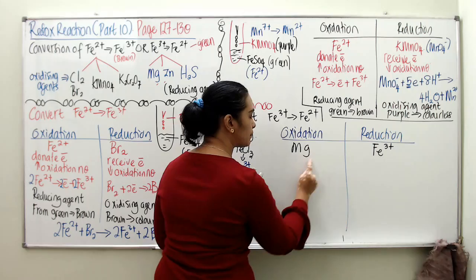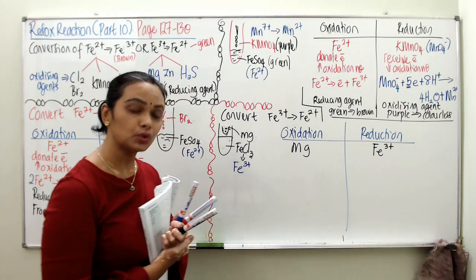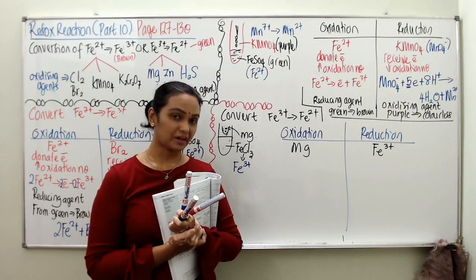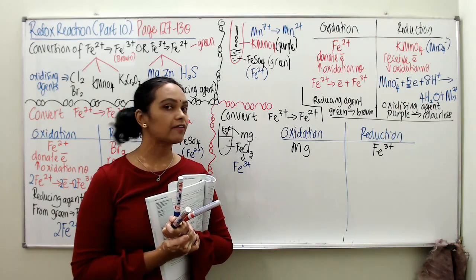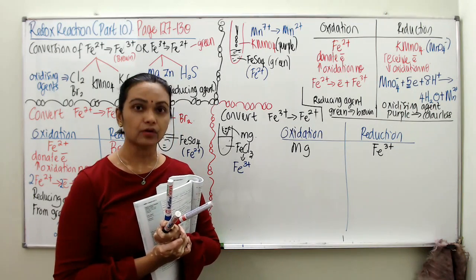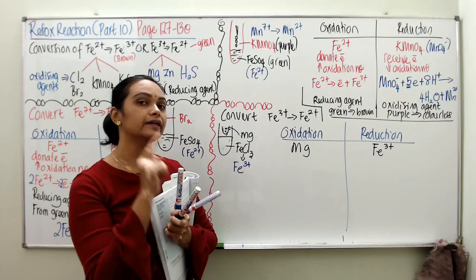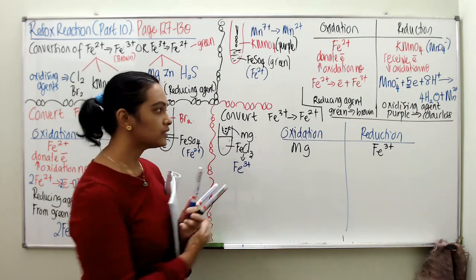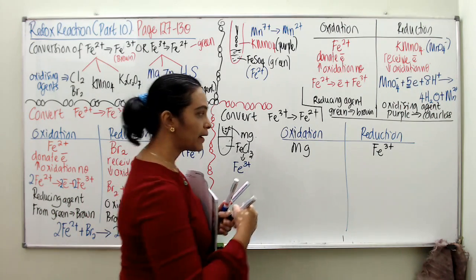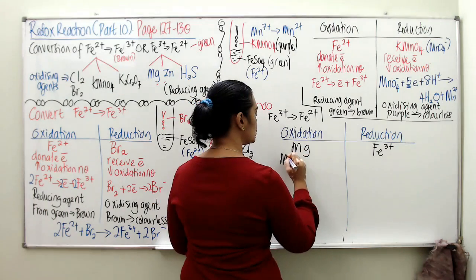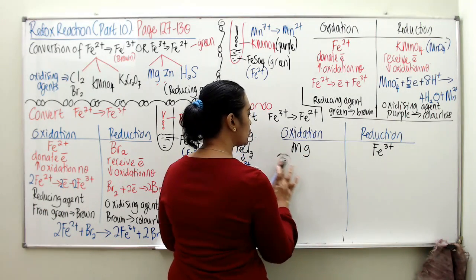Please remember that magnesium metals are supposed to donate electrons. I hope you can remember this. Metals can never receive electrons unless they are in ionic form. But since magnesium is an atom, magnesium has no choice but to donate electrons.